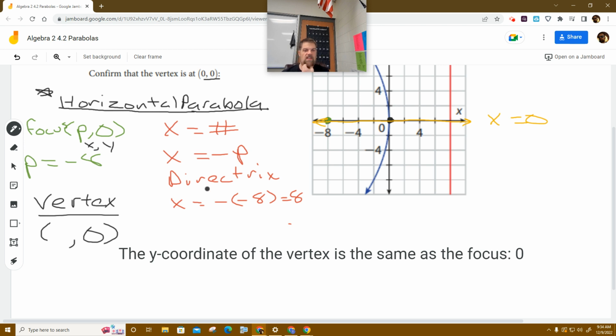Now, the line of symmetry is based also on the focus, okay?